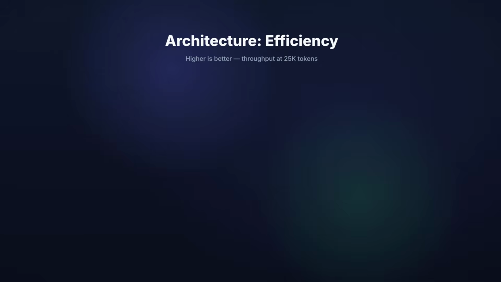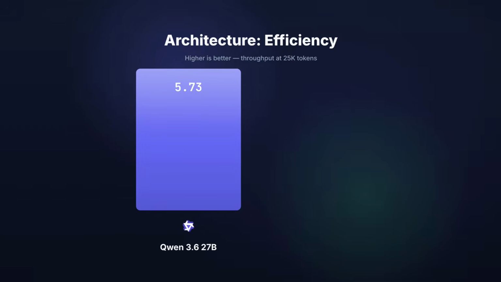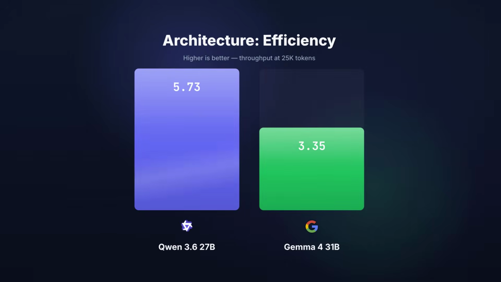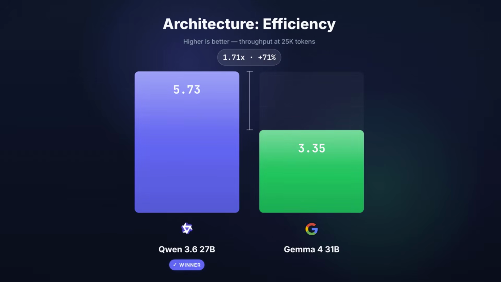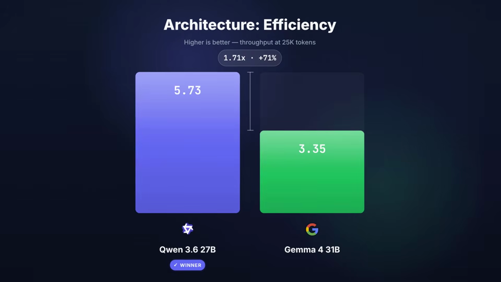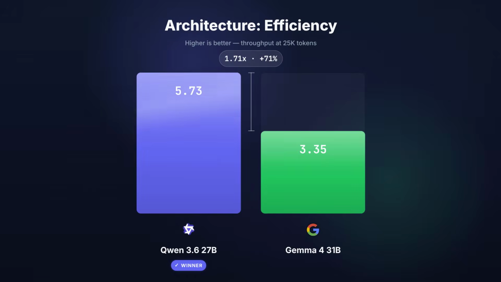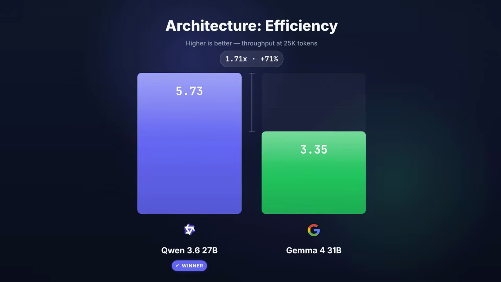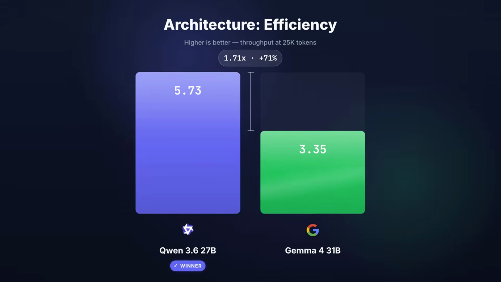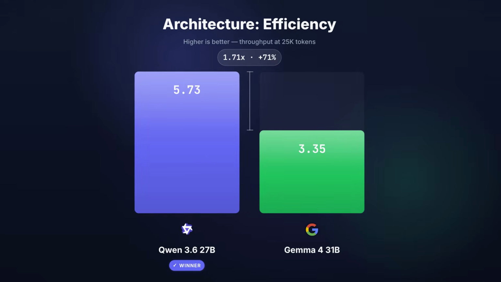Why does Qwen pull so far ahead? It's attention architecture. Qwen uses Gated DeltaNet, a form of linear attention that scales gracefully with context length. Gemma uses interleaved sliding window and global attention. Sliding window works at moderate lengths, but as the KV cache grows past 10 or 15,000 tokens, the overhead hurts.